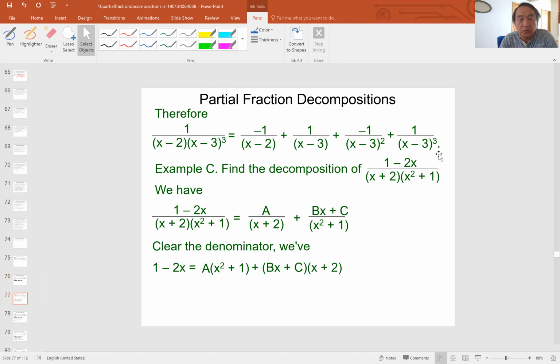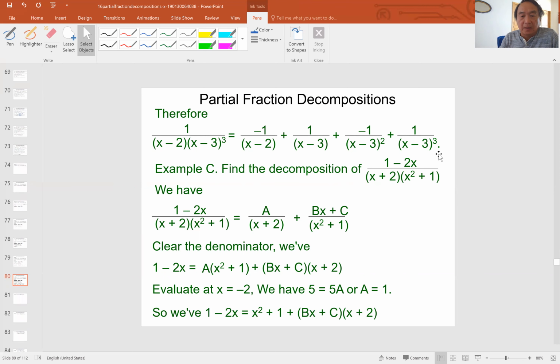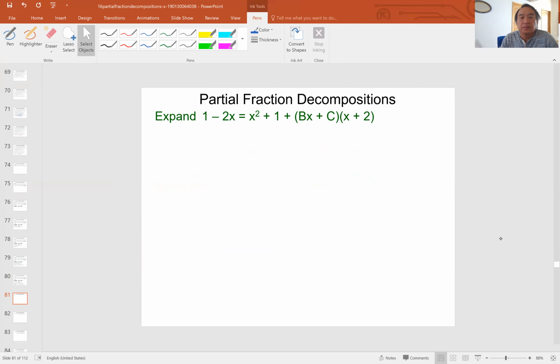Clear the denominator. I can plug in the number minus 2 to get one answer, to get the a. So I get a is equal to 1. And I put 1 back into here, and I have this equation.